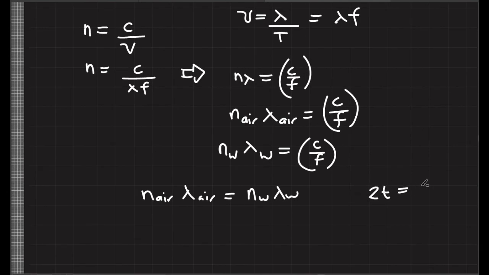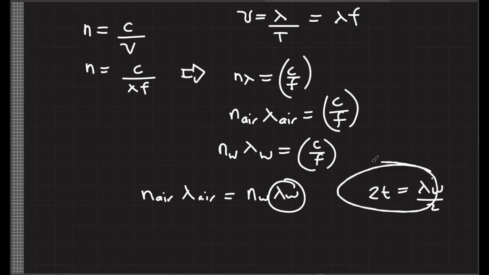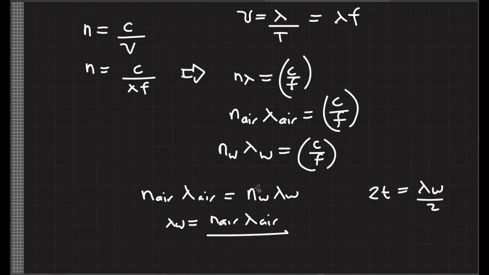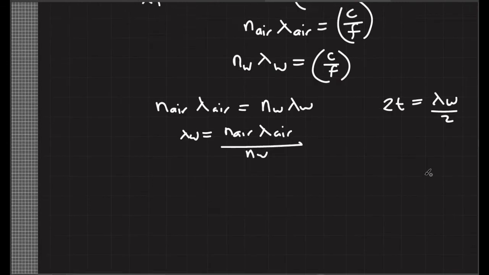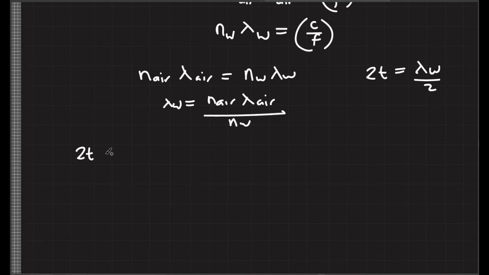Let me rewrite this expression: 2t equals lambda sub w over 2. I'll arrange this in terms of lambda sub w so I can plug it in here. I'll end up with 2t equals n sub air lambda sub air divided by 2 n sub w.